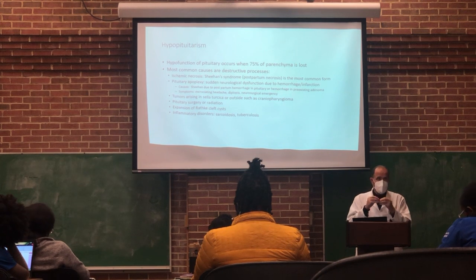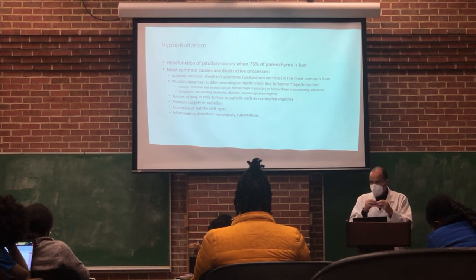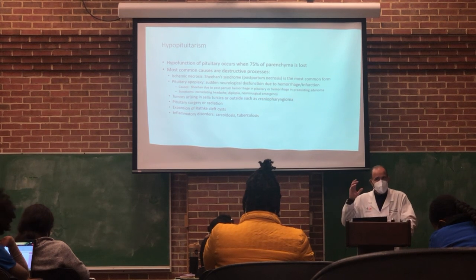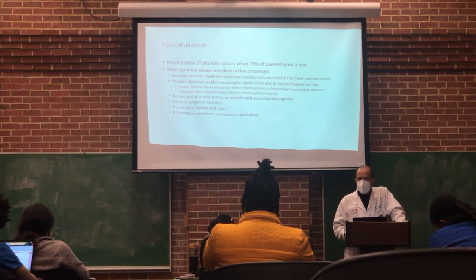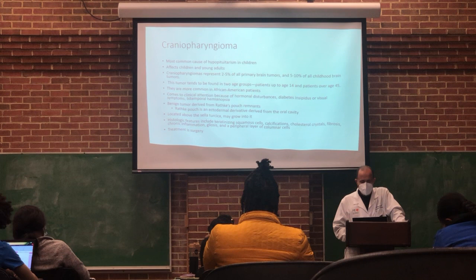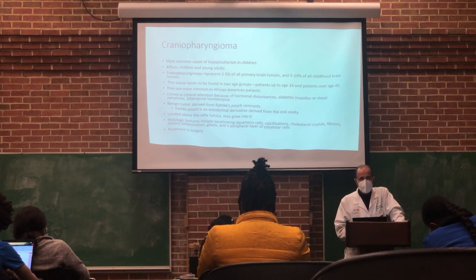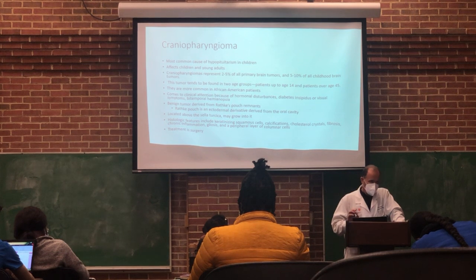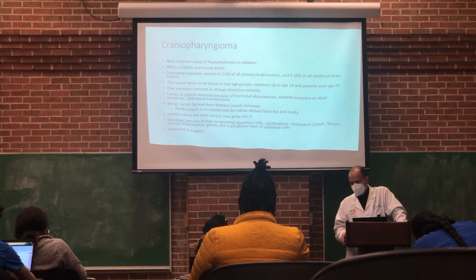And please remember the most common tumor that results in hypopituitarism, what's the name of that tumor? Craniopharyngioma. This is the tumor. As a matter of fact, if you are asked about the most common cause of hypopituitarism in children, it is craniopharyngioma.